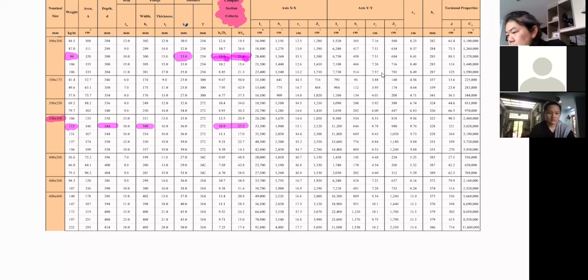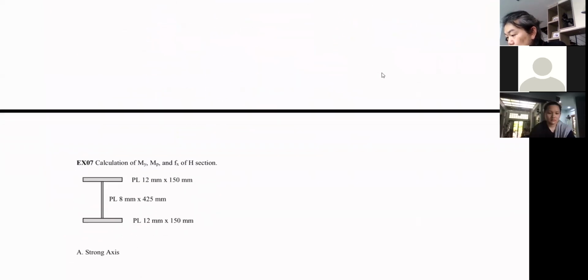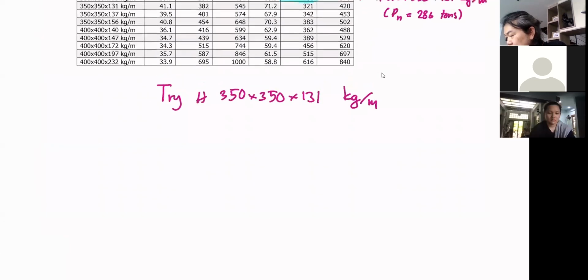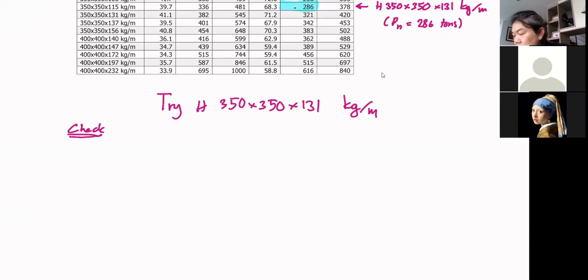Okay, so going back to our calculation. Oops, not enough space. So I have to squeeze everything, but we can always add a page, right? So check. I think it should be 115, but we wrote 131. Oh, really?